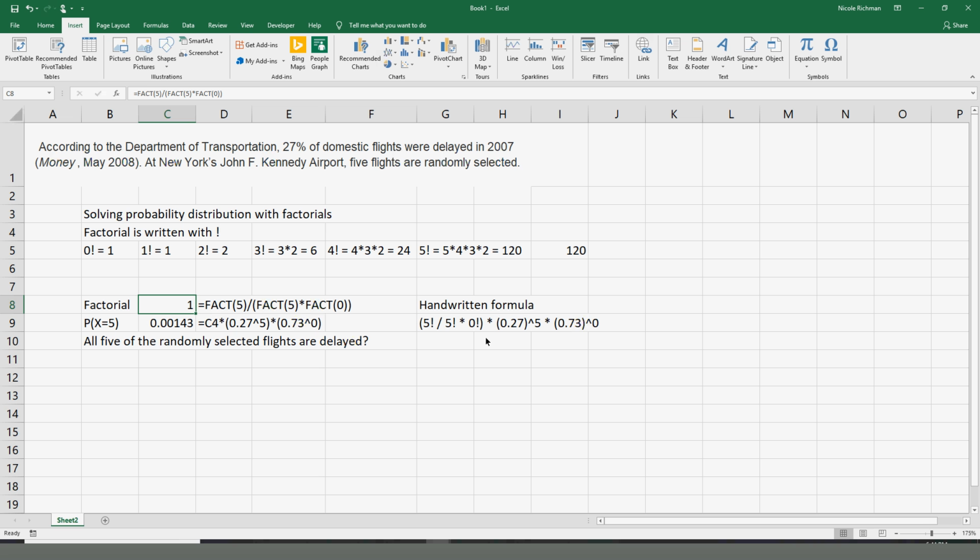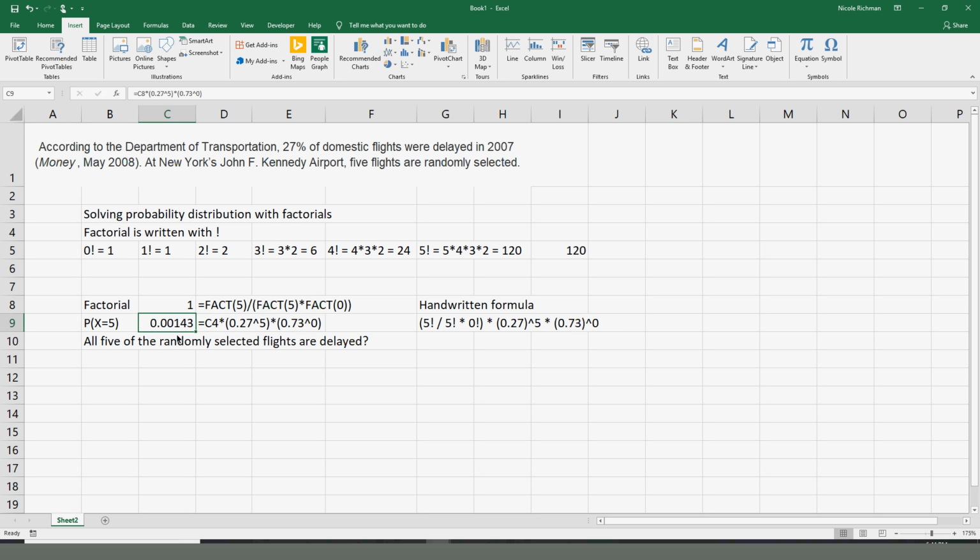And then I took the second piece of the equation, this last half here, and I typed it out. We can use "to the power," which is just Shift 6 on a keyboard in Excel. So I said, I want to take whatever this solution is, so equals C4, times 0.27 to the power of 5 times 0.73 to the power of 0.